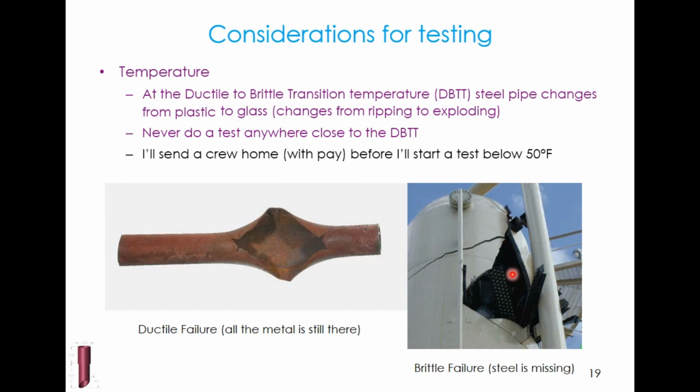So if you're using an X60, an X80, X90 grade pipe, then you really want to pay attention to this DBTT because it's going to be high. For mild steel, that temperature is usually around 0 Fahrenheit.